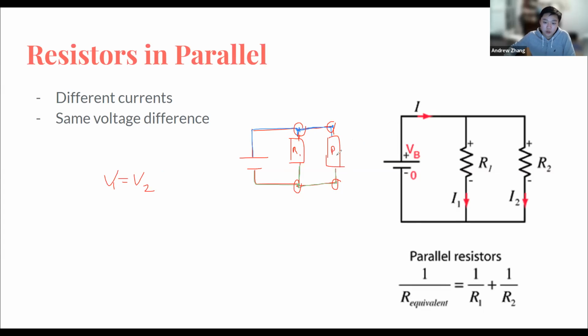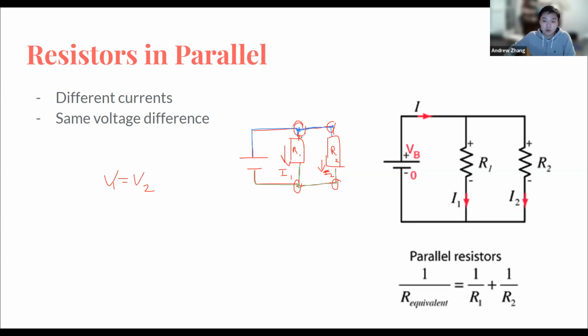This one is called R2, just for keeping things nice and simple. And likewise, we'll have this one just be called I1. This one will be called I2 for the currents in each branch. Notice how the currents aren't the same. They don't have to be the same. They could be the same, but they don't have to be because these 2 branches aren't necessarily symmetric.